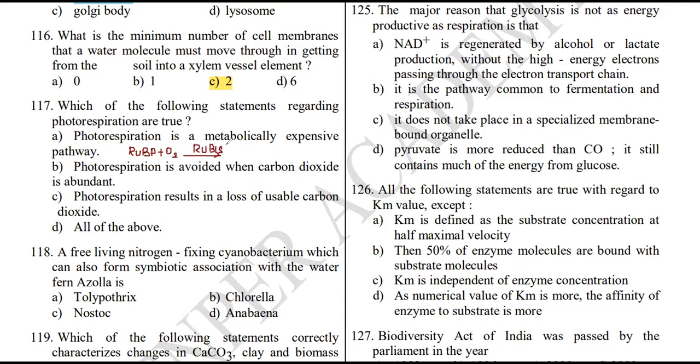So now rubisco is going to behave like an oxygenase. So what they will make is 2-phosphoglycolate and 3-phosphoglycerate. The 3-PGA will enter into the C3 pathway, but the glycolate will enter into photorespiration.